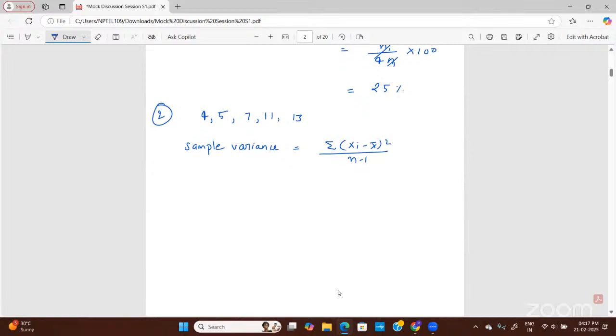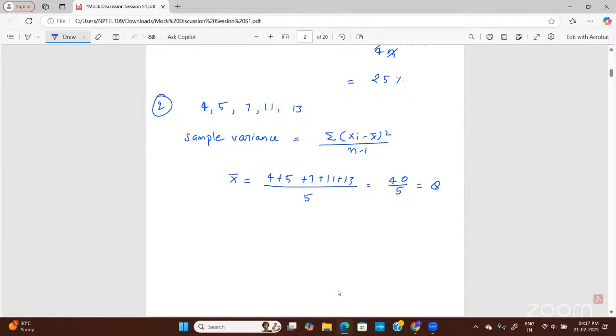First of all, we have to find the mean, x bar, which will be 4 plus 5 plus 7 plus 11 plus 13 divided by 5. The sum is 40, and 40 divided by 5 is 8.